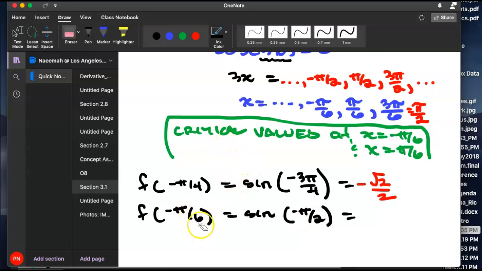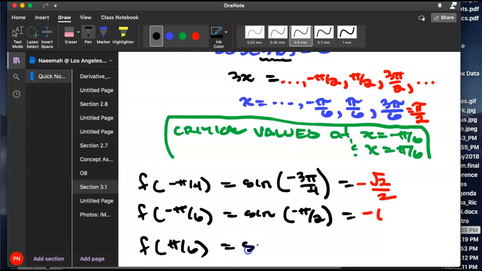So the 3 goes into the 6 twice, and that's going to be on the y-axis, and you're going to get a negative 1. And then when you evaluate f at pi 6, you're going to get sine of positive pi halves, which is the y-axis as well, and that's going to equal a positive 1.